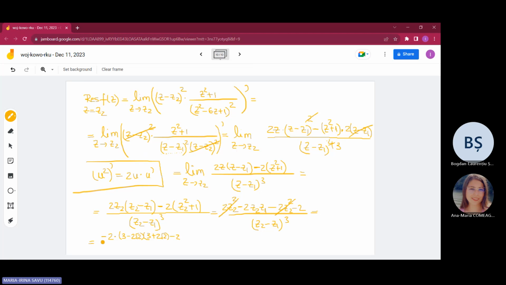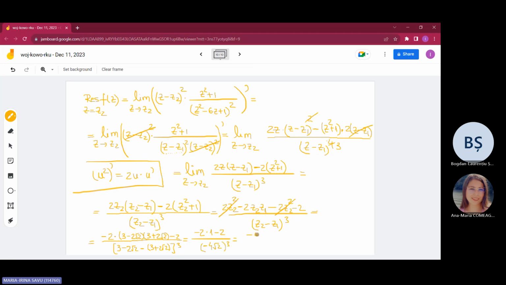Minus 2 from here over z2 minus z1 cubed, which is minus 2 times, this is 9 minus 8, which is 1, minus 2 over, and the difference is minus 4 square root of 2 over 3.